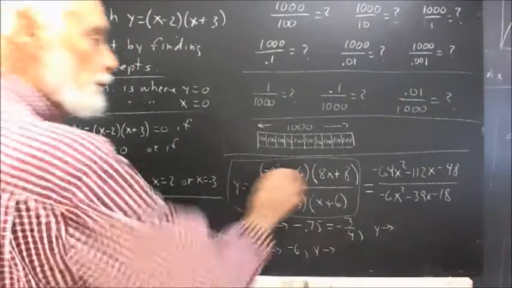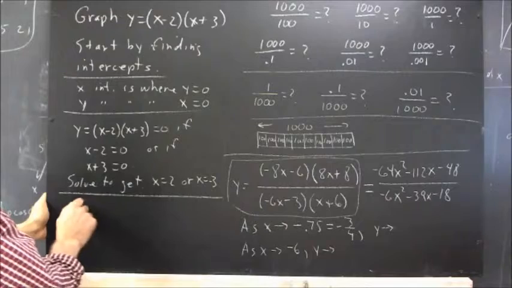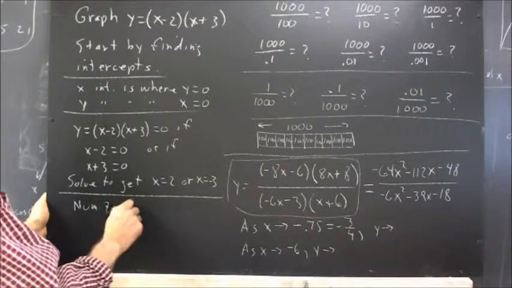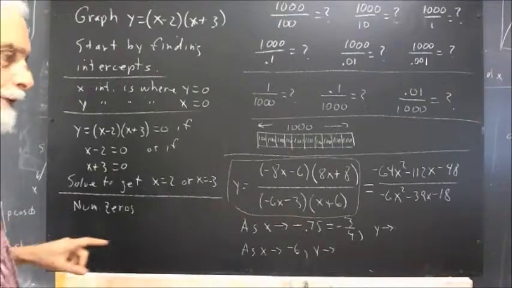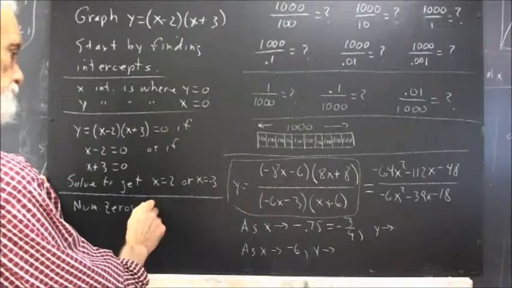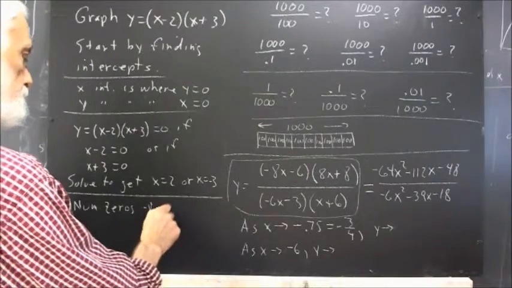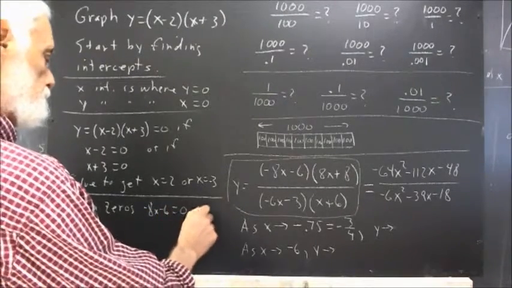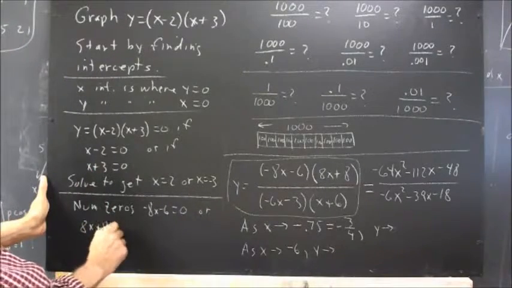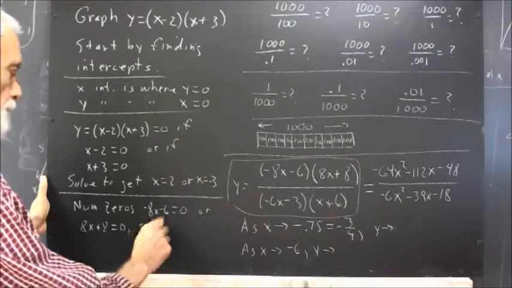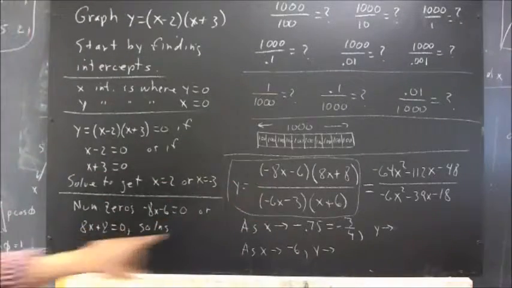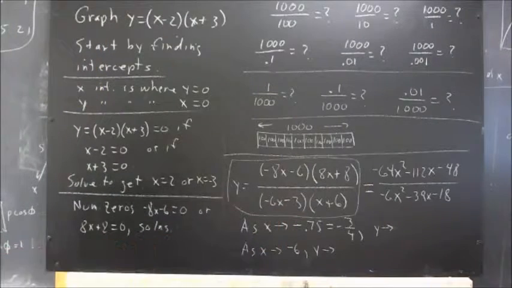The numerator has zeros when this is 0 or when this is 0. Okay, well, we write down this equal to 0, we write down this equal to 0, and we solve it.